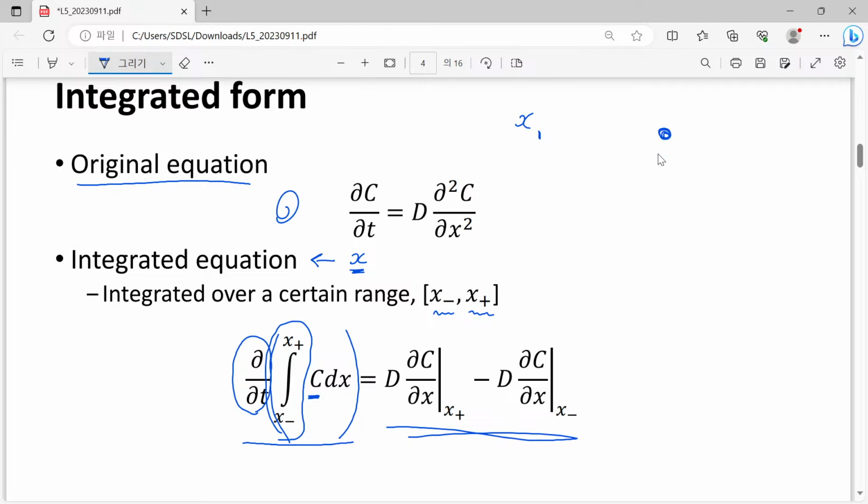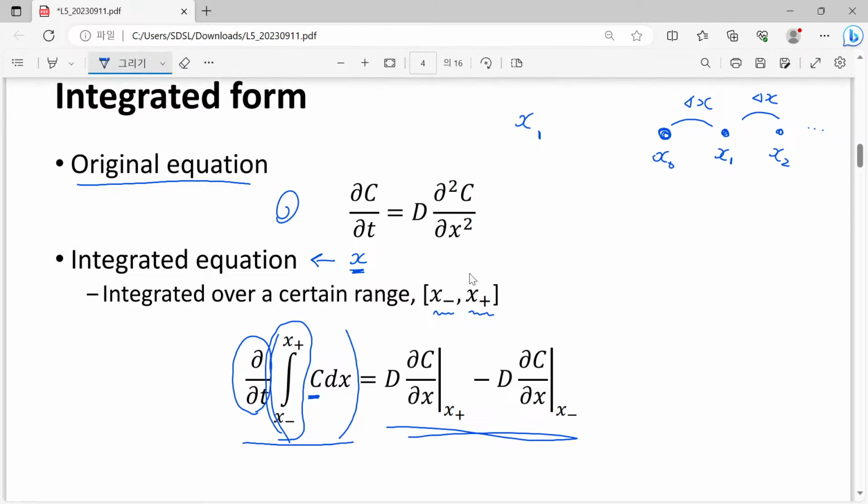So here we have x0, x1 and x2, and their distance is denoted delta x and delta x. That was our previous assumption about this uniform grid.